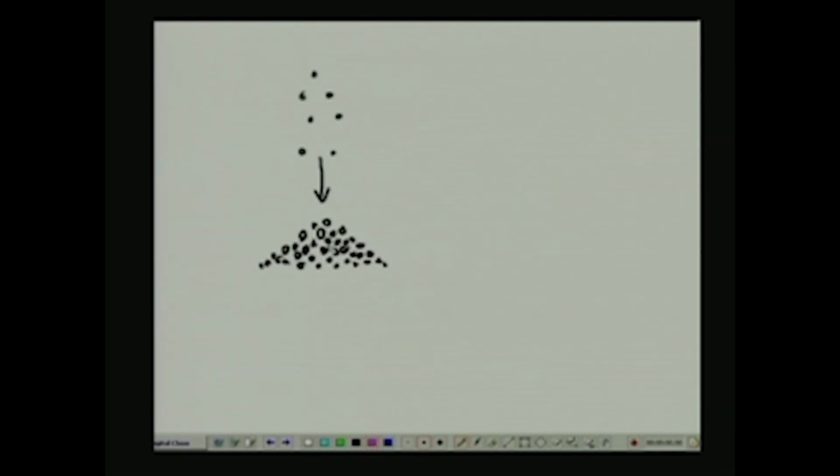So, within this heap at some depth, if we consider a small volume and bring it out, this volume is going to have a vertical stress, we are going to call it sigma v, and a horizontal stress. Now, the question is, what are the values or relative values of sigma v and sigma h?